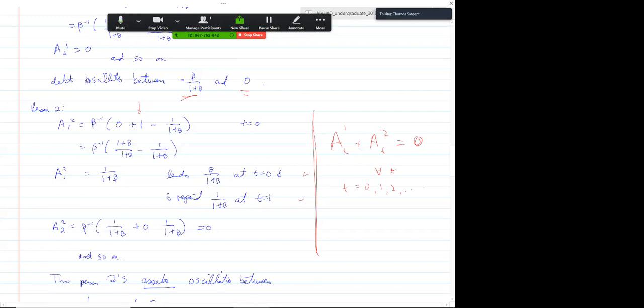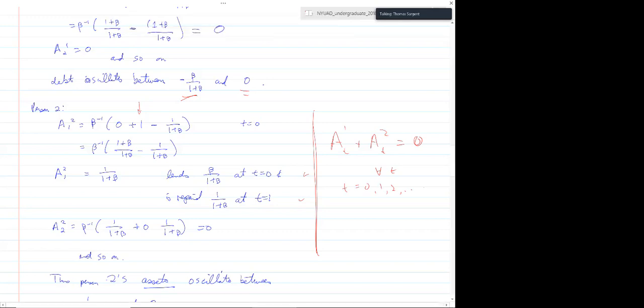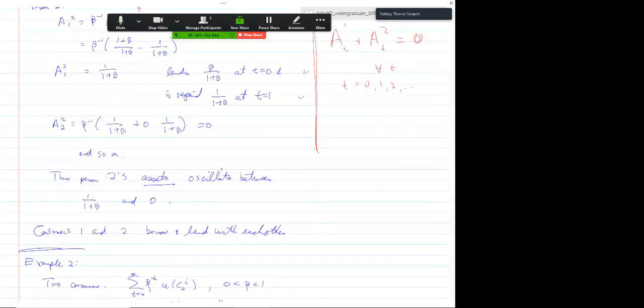We have a theory about what this asset is. It's a pure consumption loan, which person 2 ends up making to person 1, and then it gets repaid. So person 2 oscillates between those two, and that's what happens.